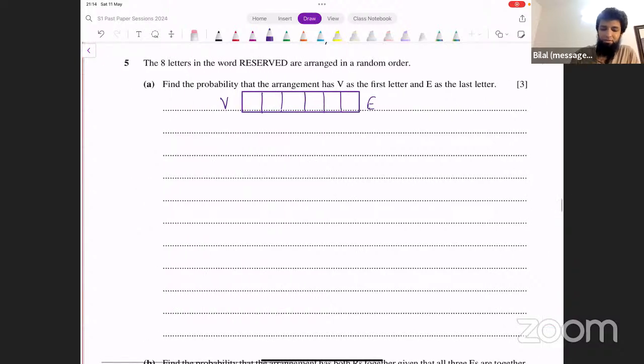What are those 6 remaining letters? R, S, E, R, E, D. 1 E is there, V is there. Yes, these are the remaining letters, right? Now, in how many ways can you arrange these letters? There are 6 letters, 6 factorial, and then 2 R's, that's 2 factorial, 2 E's, that's 2 factorial, and that should give you the result. 6 factorial over 2 factorial and 2 factorial.